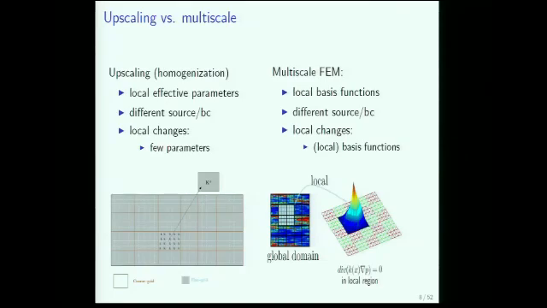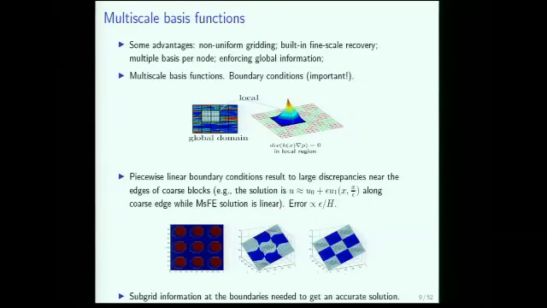In the multiscale methods, in the one I just showed you, and I will stay with that framework, these effective properties are in terms of the basis function. So this basis function can be reused no matter what source term I have, right? And if properties change in a few blocks, I just need to change a few basis functions, if I can.